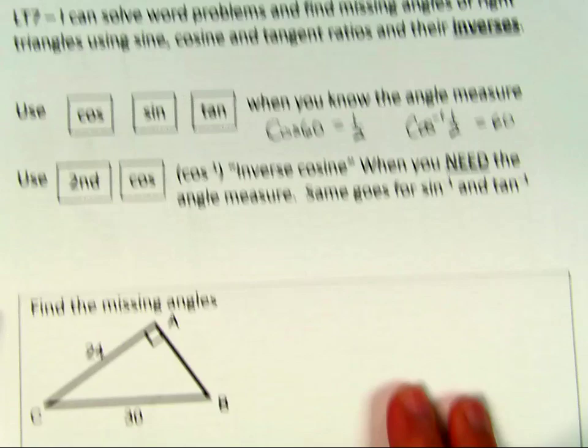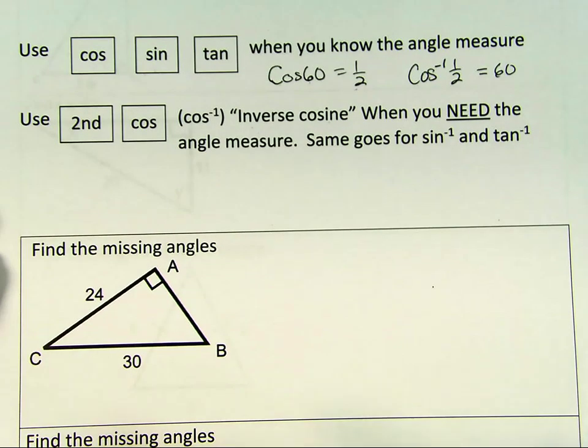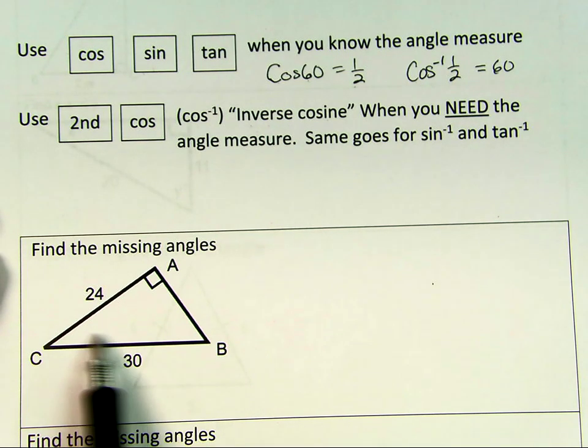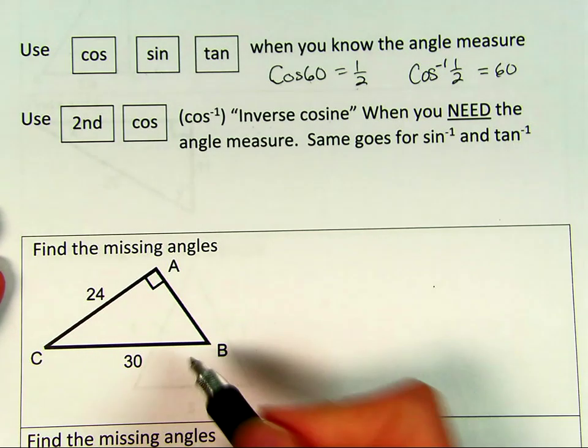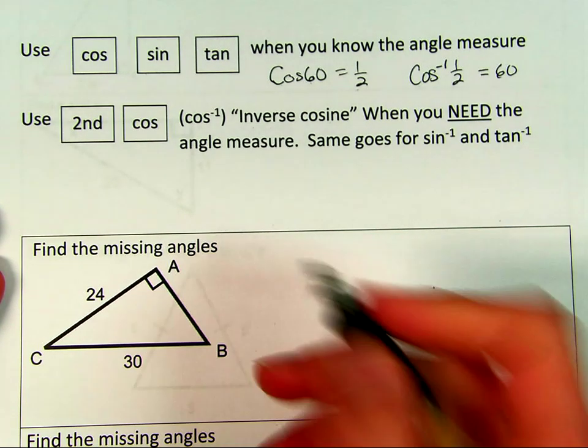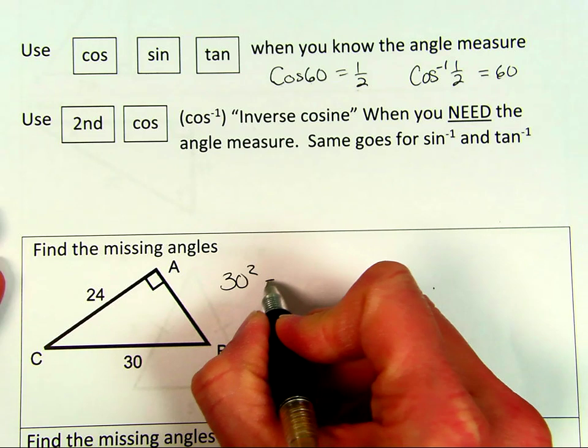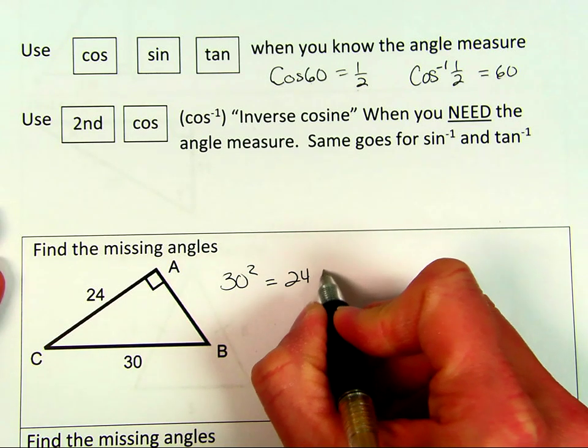Okay, so let's get started. So first of all, you can find this side using Pythagorean Theorem if you want to, or you could find the angle and then use sine, cosine, or tangent. So this first one we'll just find the side first using Pythagorean Theorem. So this is the hypotenuse, so we're going to say 30 squared equals 24 squared plus a squared.